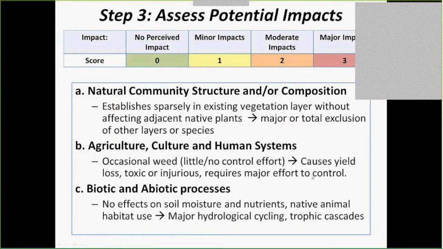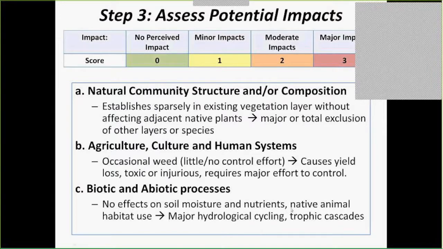And to assess the potential impacts to biotic and abiotic processes, something that has no perceived impact would be something like no effects on soil moisture or nutrients. It doesn't affect native animal habitat use. And then something with a major impact would be, it majorly affects hydrological cycling. Stream flow is down 75% or something like that.